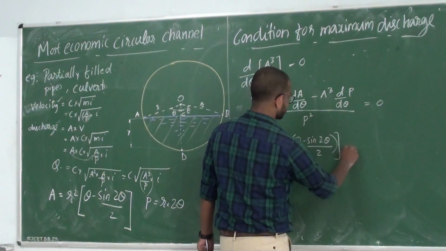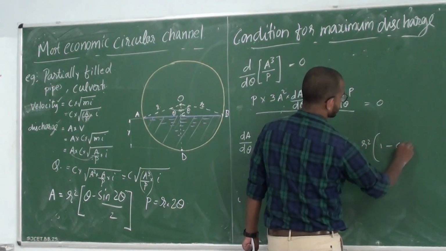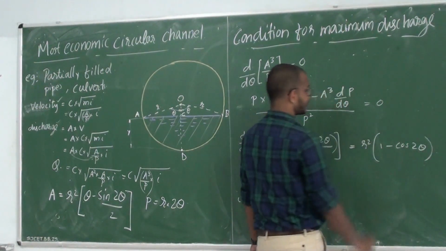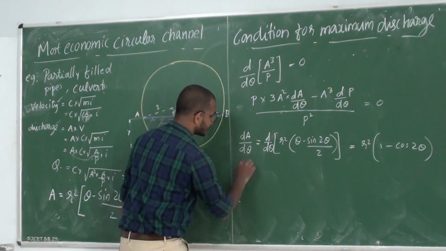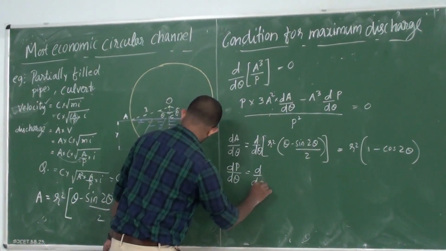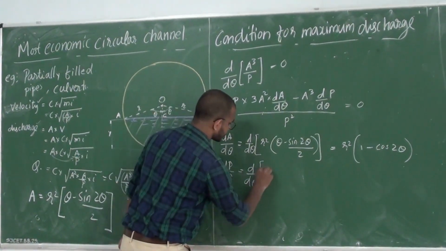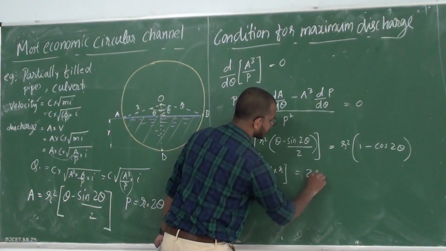We will get r square into 1 minus cos 2 theta. Okay, we have already done this. Then dP by d theta is equal to d by d theta of 2 theta into r, that is 2r.